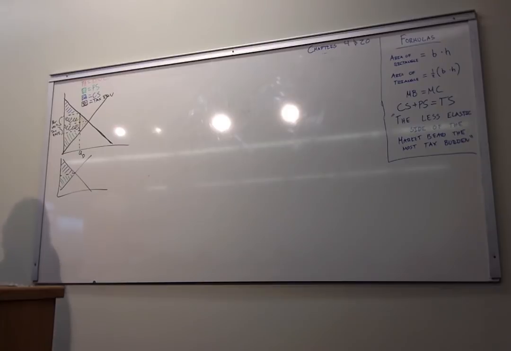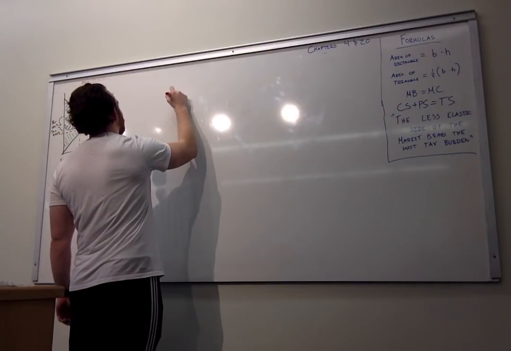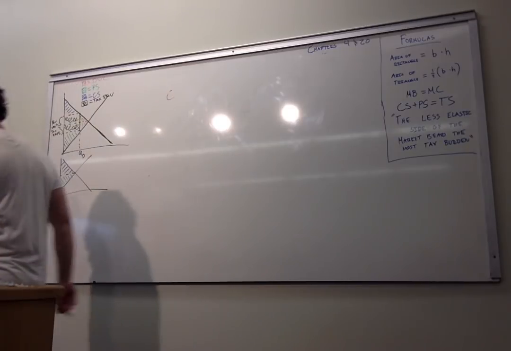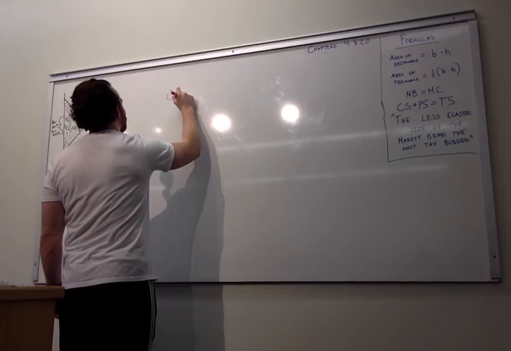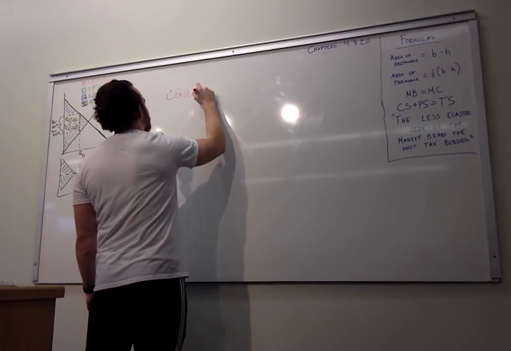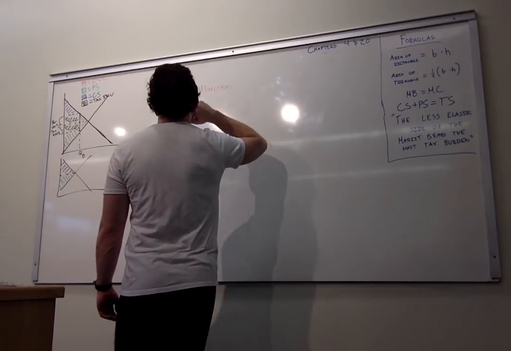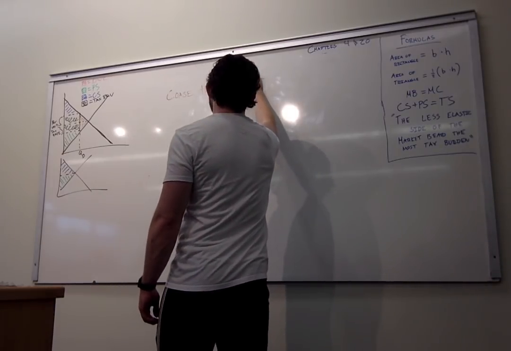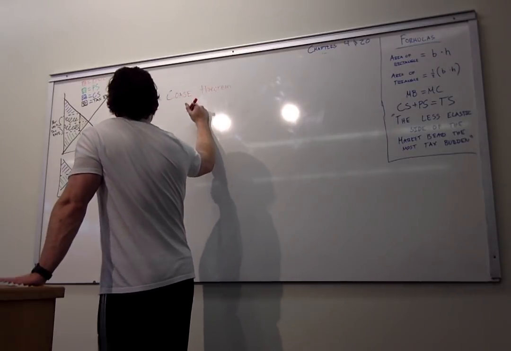All you need to know about Coase's theorem is how to spell it: C-O-A-S-E. All you need to know about it is that a solution to an externality can be reached.